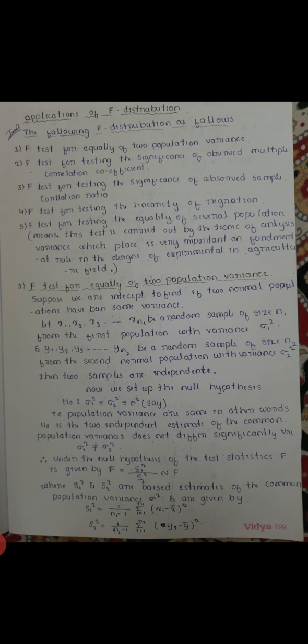In other words, H naught is that the two independent estimates of the common population variance do not differ significantly, versus the alternative sigma 1 square not equal to sigma 2 square.